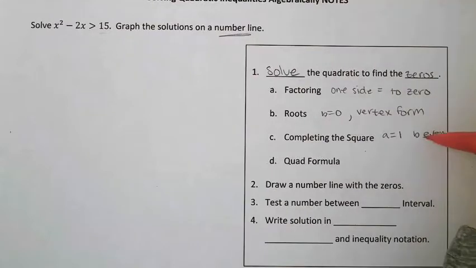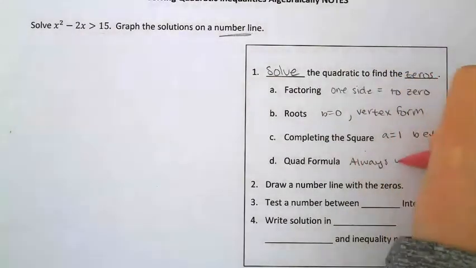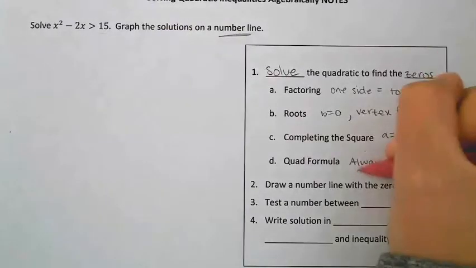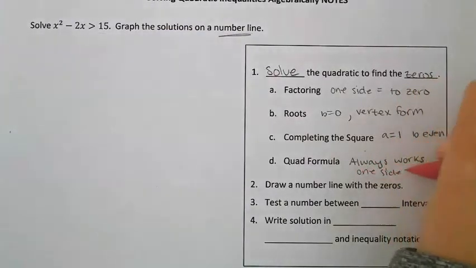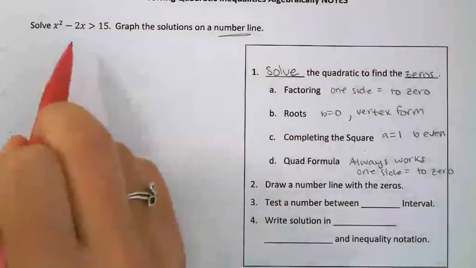Again, I'm not a huge fan of completing the square, so I'm not going to use it very often. If I couldn't have any luck with any of these methods, I would use the quadratic formula because it always works. And another good reminder for the quadratic formula is that you also have to get one side equal to 0.